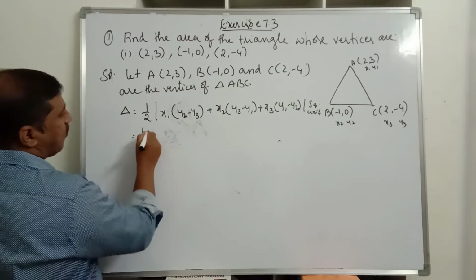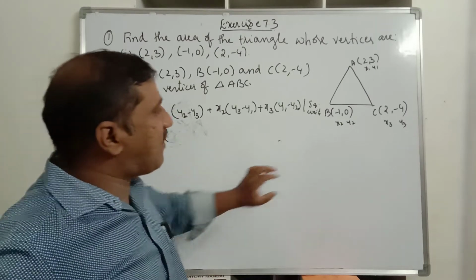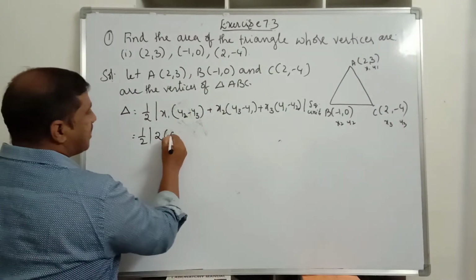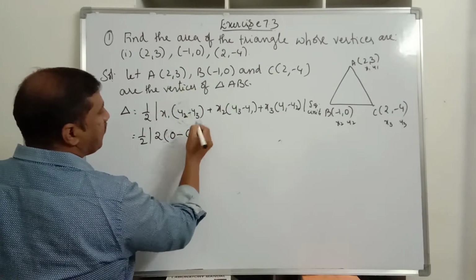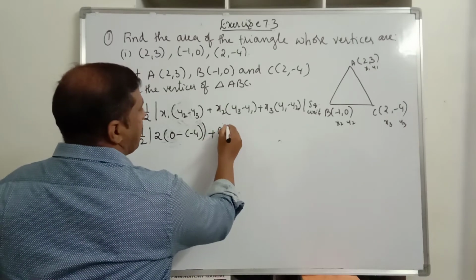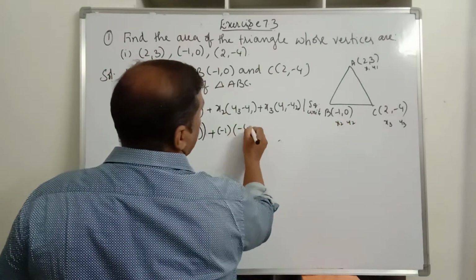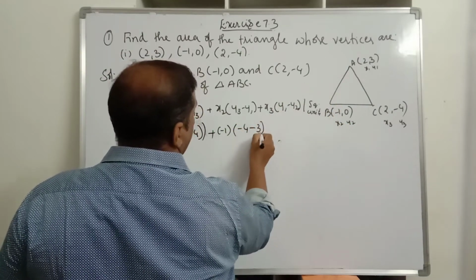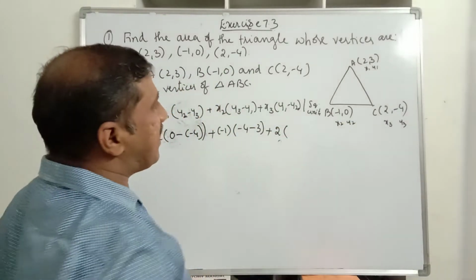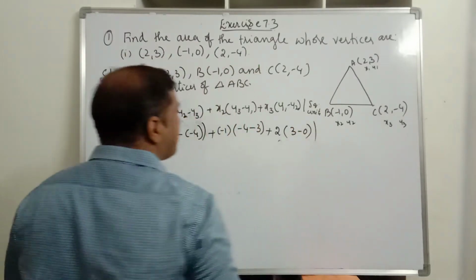That is half into modulus of x1 equals 2 into (y2 minus y3). y2 is 0, y3 is minus 4, so it is 0 minus minus 4. Plus x2 equals minus 1 into (y3 minus y1), that is minus 4 minus 3, plus x3 equals 2 into (y1 minus y2). y1 is 3, y2 is 0, so it is 3 minus 0.